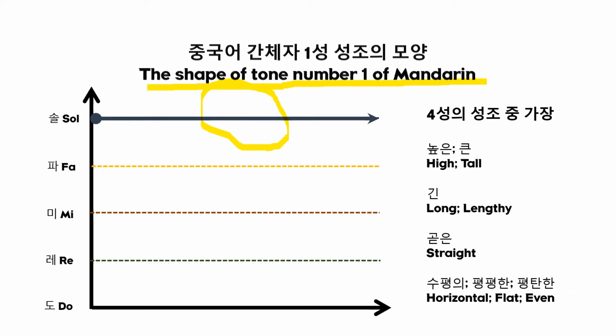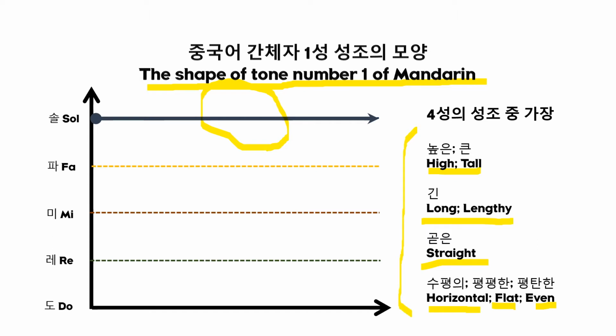The tone number 1 shape is very high, tall, and long, lengthy, and it's very straight. High shape, long shape, straight shape. And also it is horizontal, flat shape, even shape.